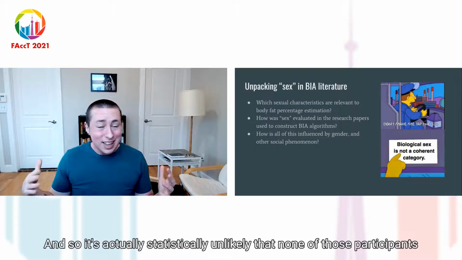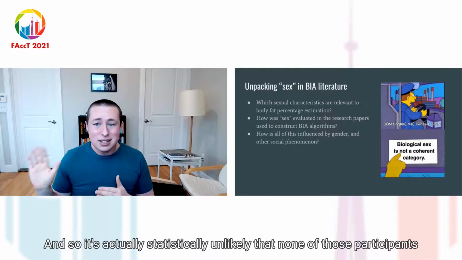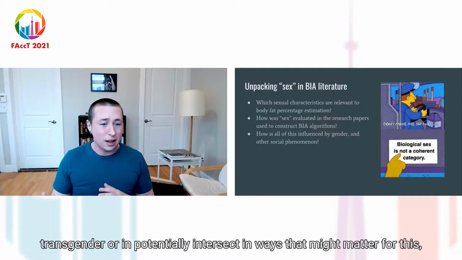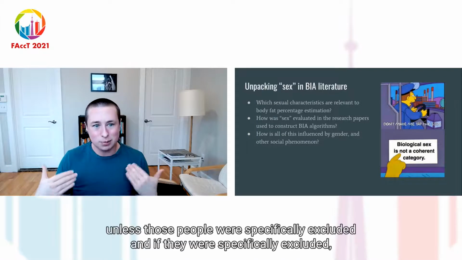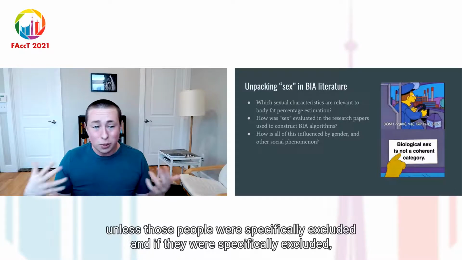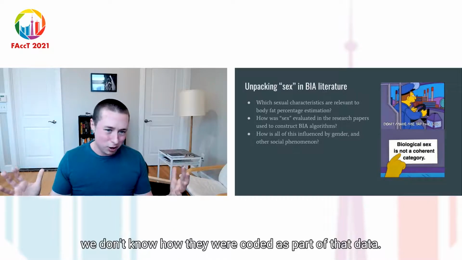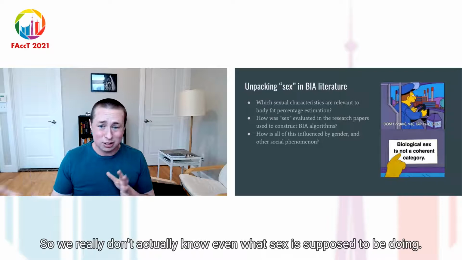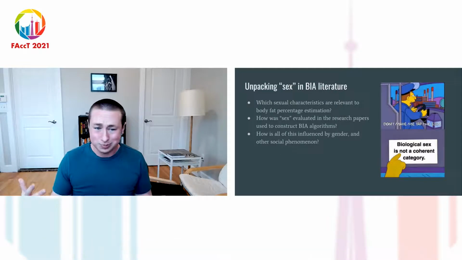And so it's actually statistically unlikely that none of those participants were transgender or potentially intersex in ways that might matter for this. Unless those people were specifically excluded. And if they weren't specifically excluded, we don't know how they were coded as part of that data. So we really don't actually know even what sex is supposed to be doing.